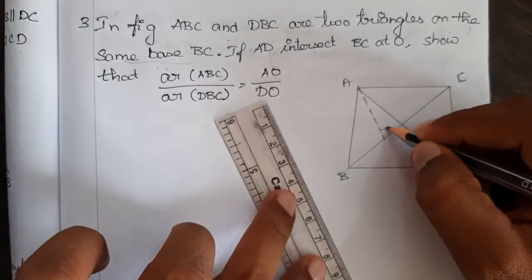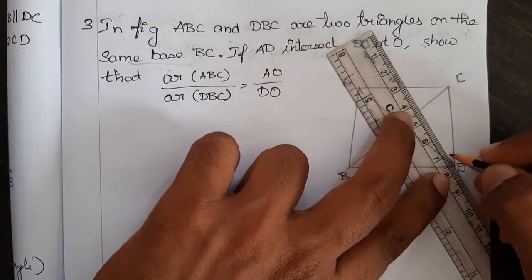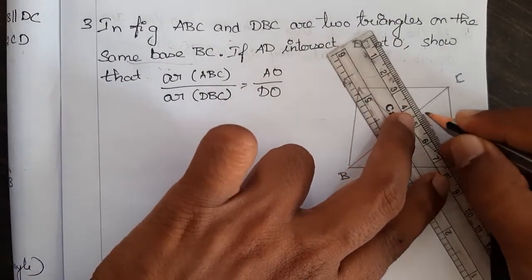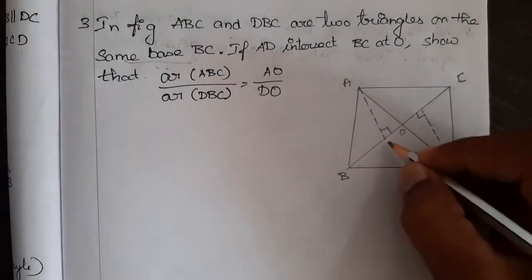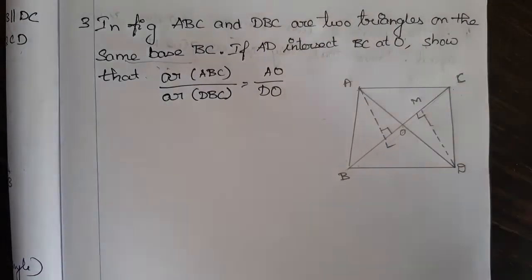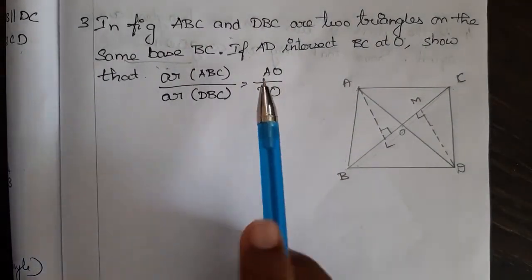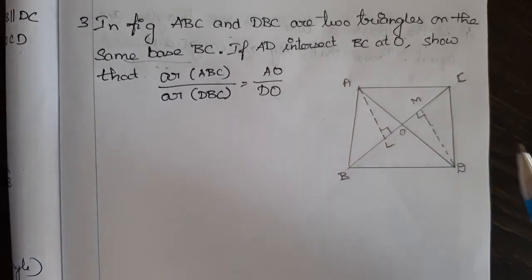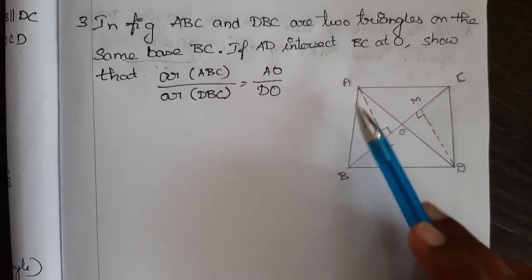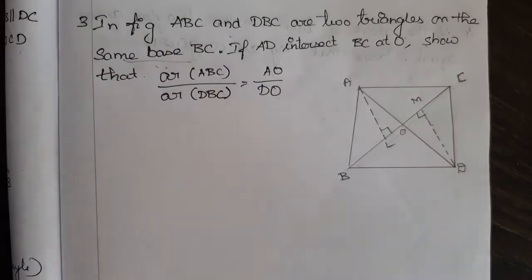We are going to construct the perpendiculars at 90 degrees, and let the feet be L and M, since we are going to prove it by the normal area formula. The proof talks about AO and DO, which is a line in between, not a side. So AO and DO is not a side, right?